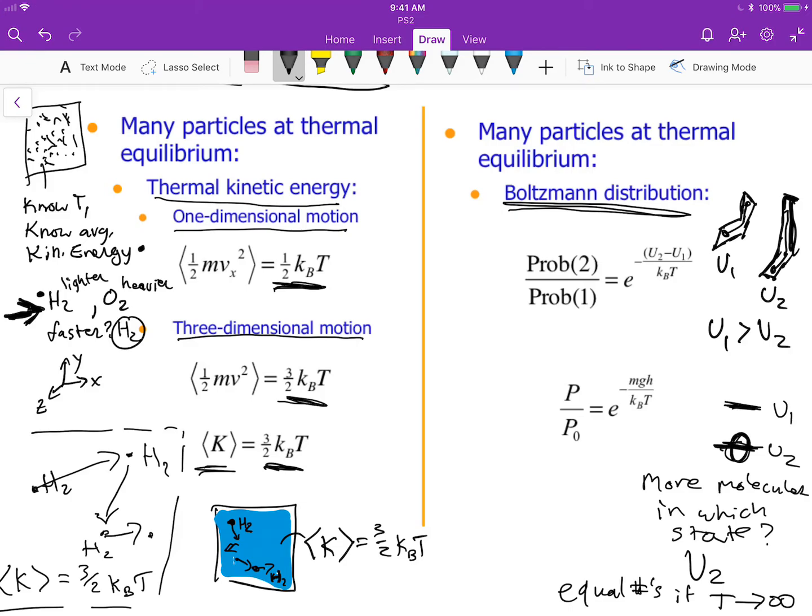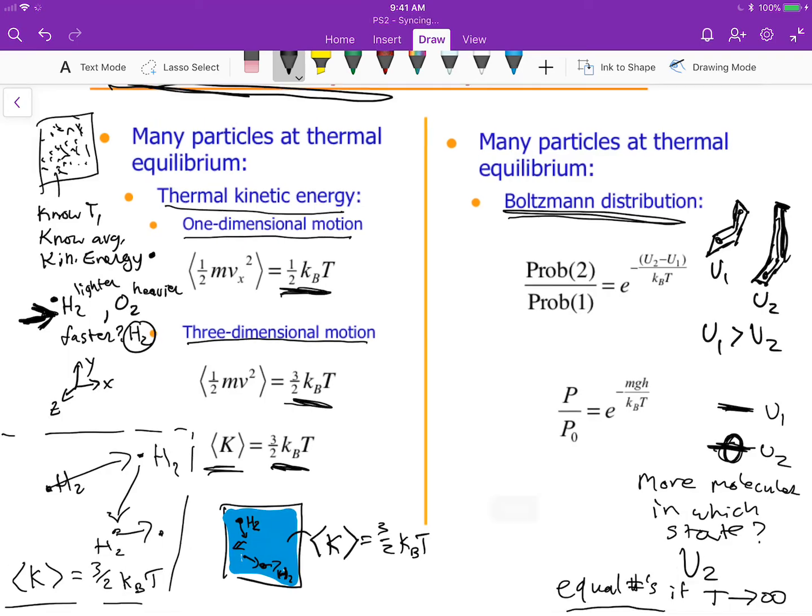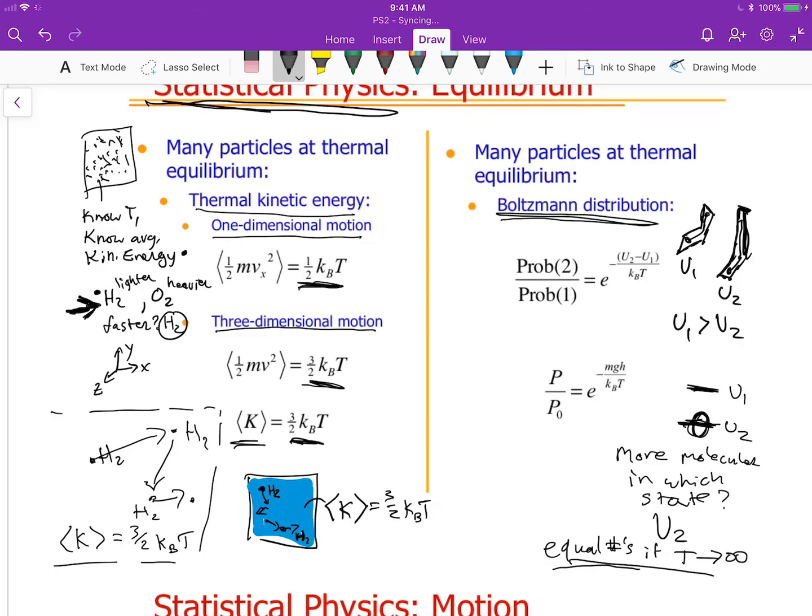So let's start with this last fact and see how it is related to our equation up here. Let me just remind you of what this equation is.